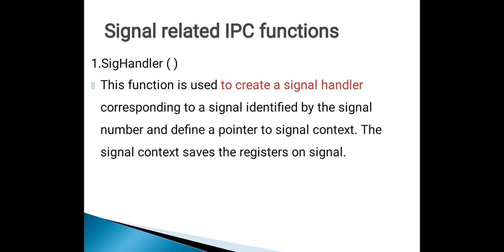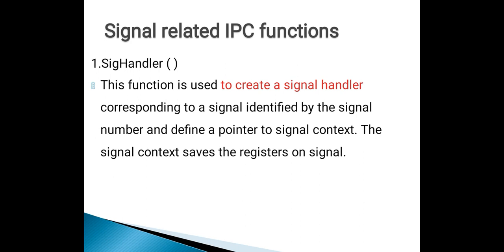It is used for creating a signal handler corresponding to a signal identified by the signal number and defines a pointer to signal context. Let me say once again, it is used for creating a signal handler corresponding to a signal identified by the signal number and defines a pointer to signal context.